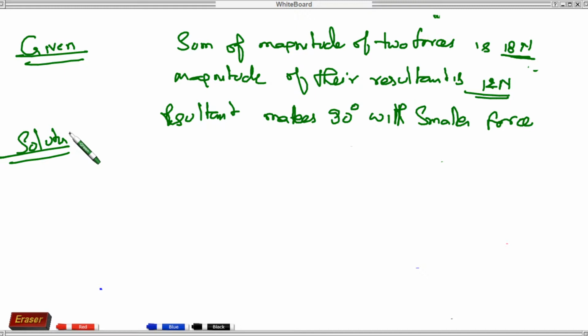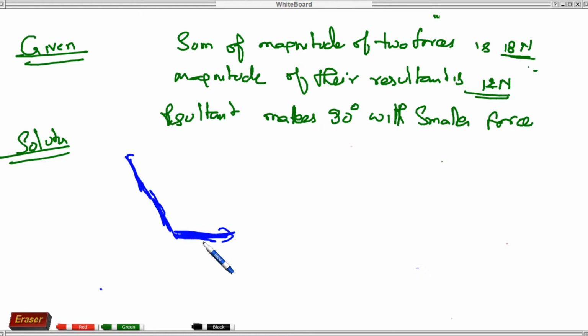Let us consider that this is the big force, and this is the smaller force.